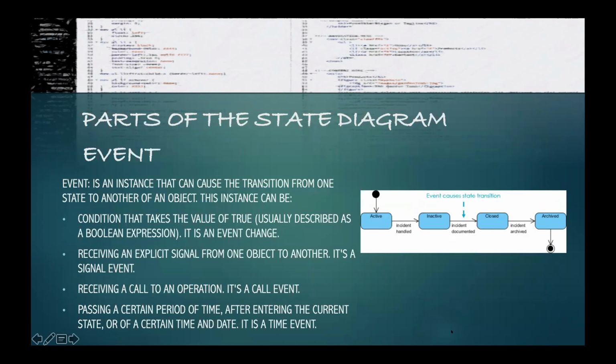This is called a change event. Receiving a signal from one object to another is a signal event. Receiving a call to an operation is called a call event. Passing a certain period of time after entering the current state, or a certain time and date, is a time event. So these arrows cause the event to go from one state to another.